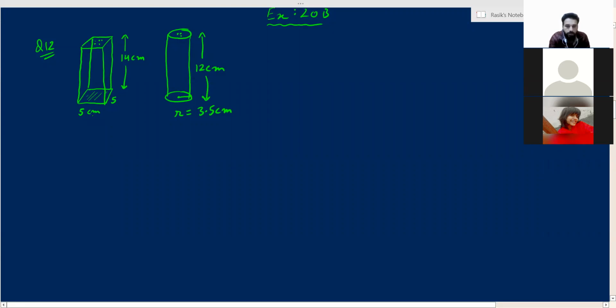So what is the meaning of capacity? Yes, Pranjali, what is capacity? Yes, volume. Your voice is not coming clear, it is cracking a lot. Volume, correct. We have to calculate the volume of both the packings.